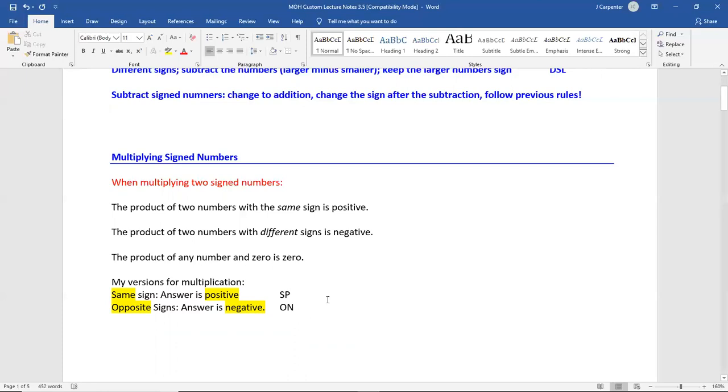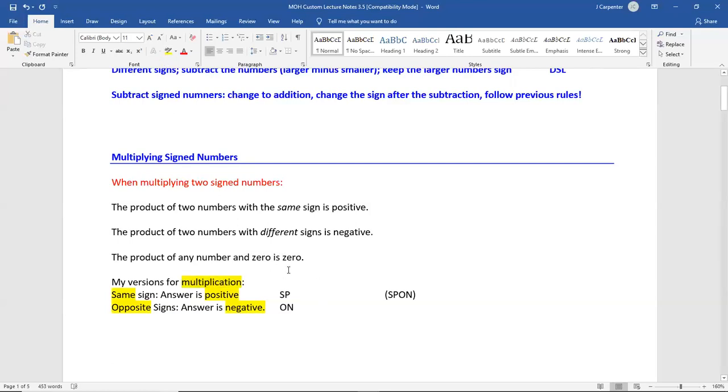So SP and ON, and what some people will actually do, per my suggestion, is combine these and say it's SPON, spawn, kind of like spoon, but with an O missing. If the signs are the same, the answer is positive. If the signs are opposite, the answer is negative. And that is for multiplication.